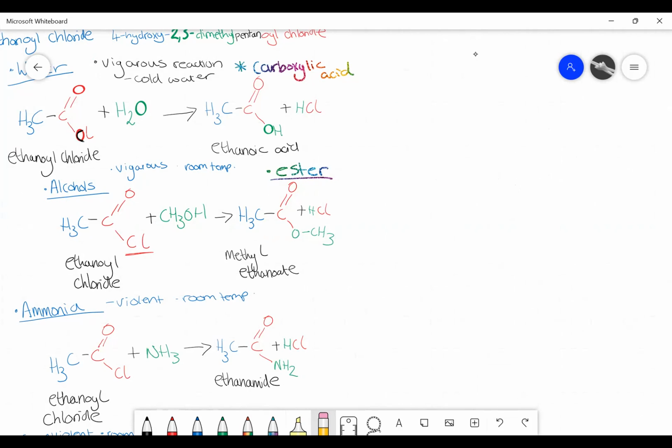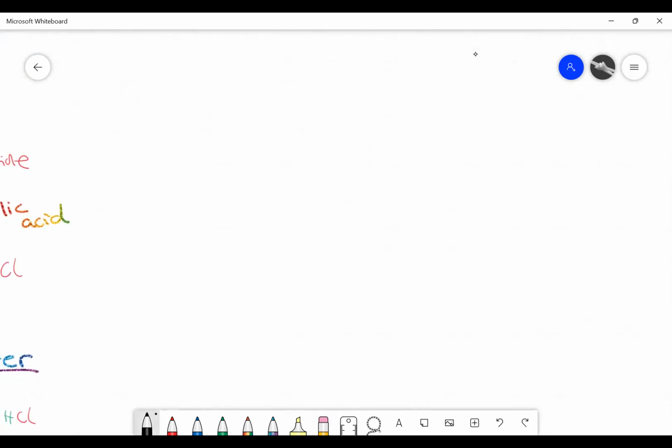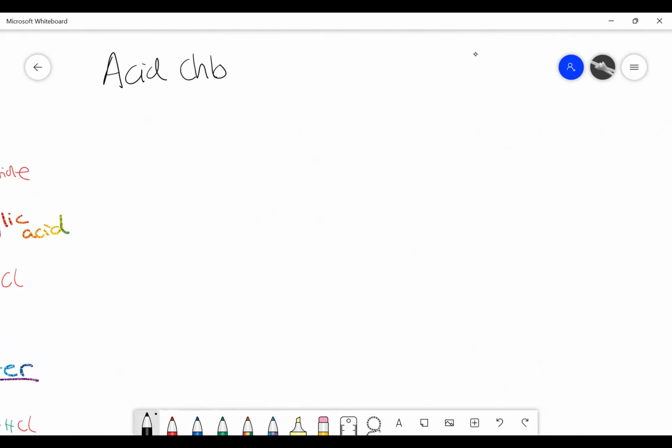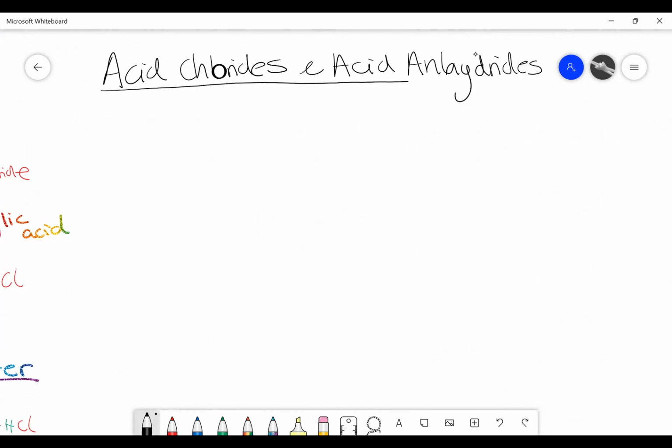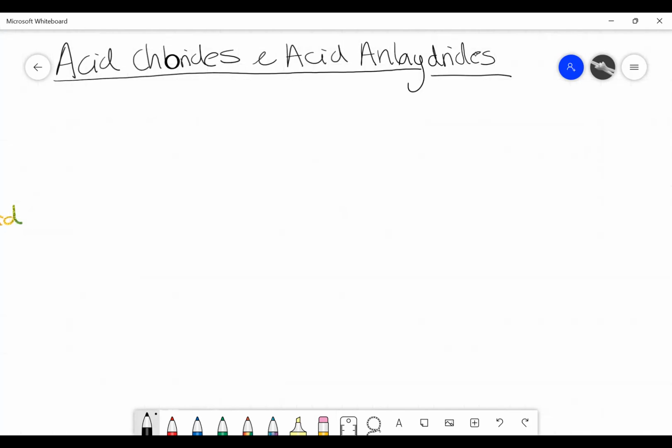So acyl chlorides and acid anhydrides react in a very, very similar way. So this is what we're going to look at now. Acyl chlorides and acid anhydrides react in a really similar way.